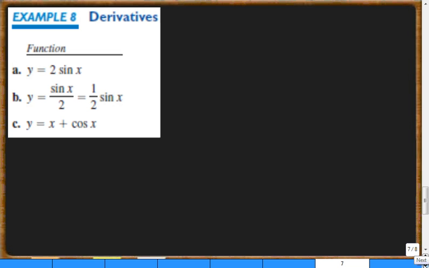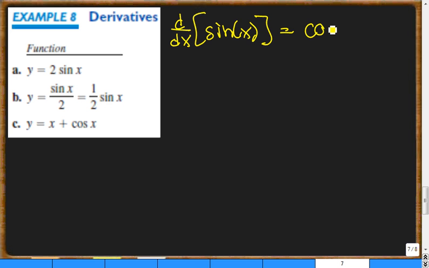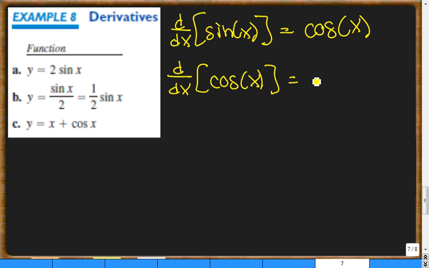So as we're coming to one of our last examples here, the derivatives of sine and cosine, same kind of rules, right? So we know that the derivative of sine of x is the cosine of x, and the derivative of cosine of x is negative sine of x.